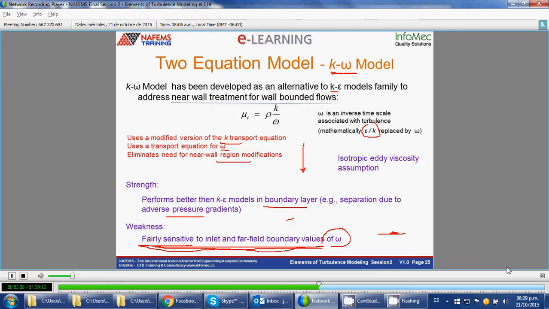So Mentor decided, well, why don't we use the benefits of K epsilon and K omega at the same time, to take benefits from both and not have to worry about the far field conditions that we set in here, because K epsilon is going to take care of that, and then we don't have to worry about wall function or wall integration because K omega is going to take care of that.